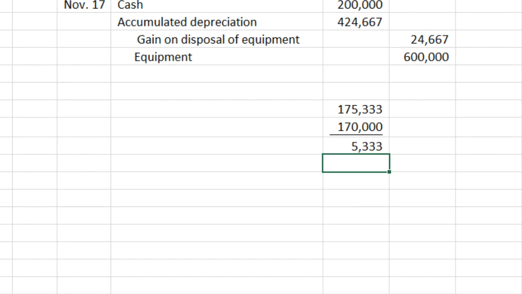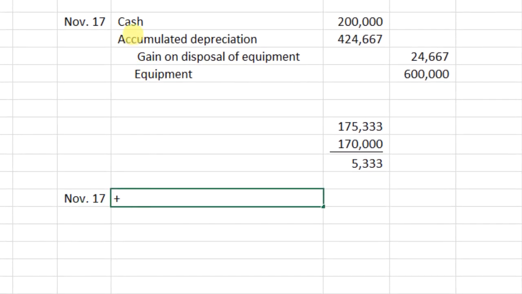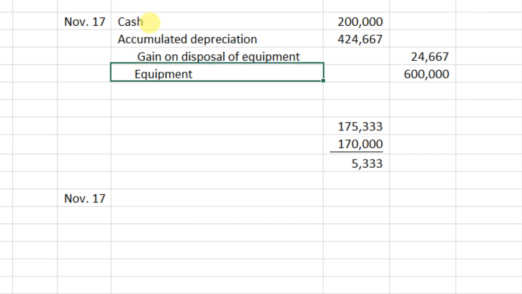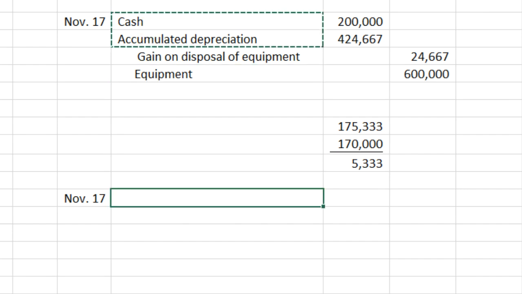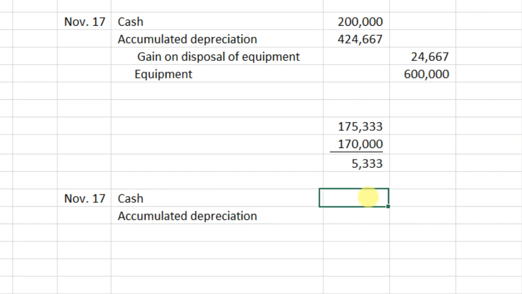So let's redo this journal entry as though it were a loss. We still have to take in our cash and debit out or close accumulated depreciation. Now the amount of cash changes, of course, because we sold it for 170, but accumulated depreciation did not change. It's still 424 and change. So there's our two credits.